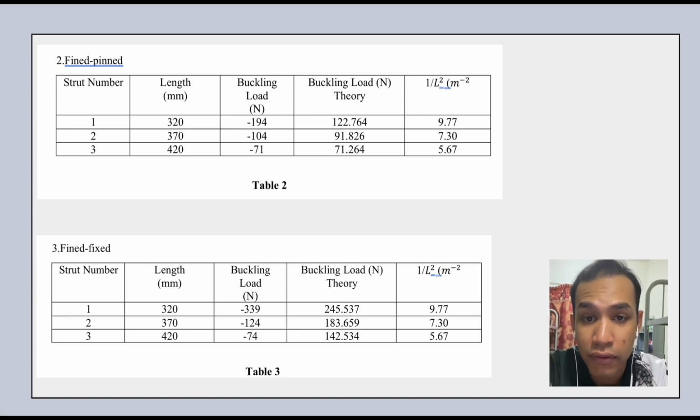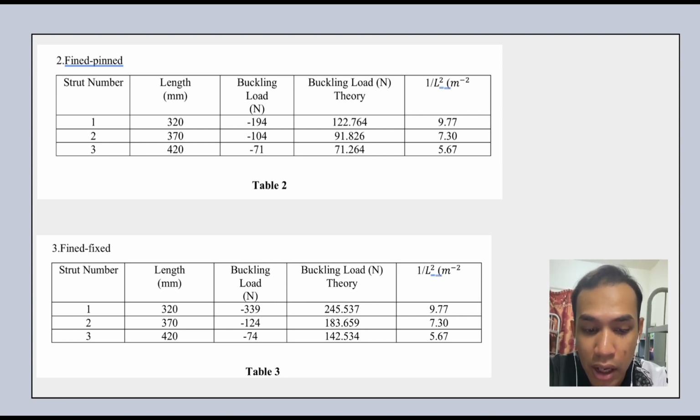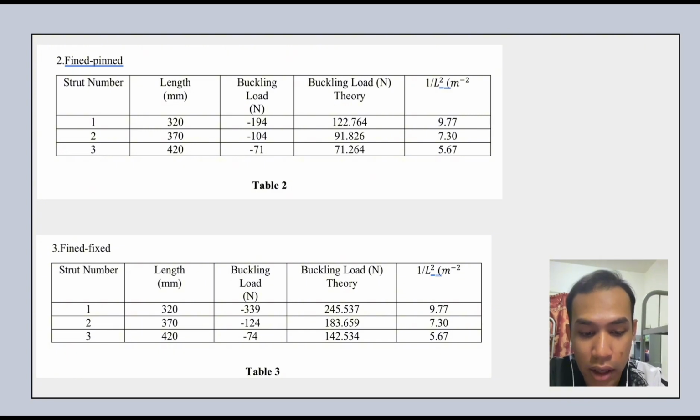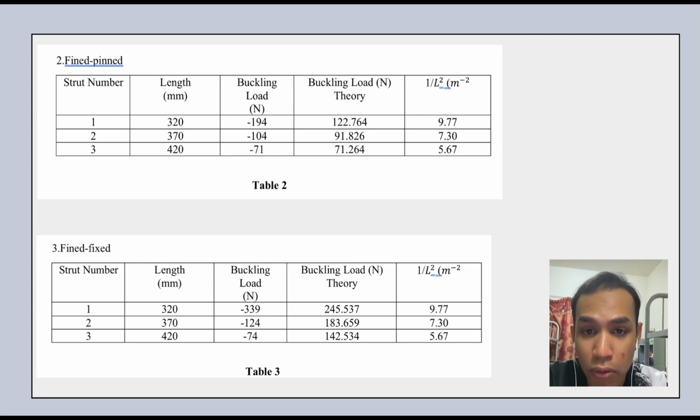Okay, for fixed width, for the length of 320 mm, the buckling load we got is negative 339. For the length of 370 mm, the buckling load we got is negative 124, and for the length of 420 mm, the buckling load is negative 74.